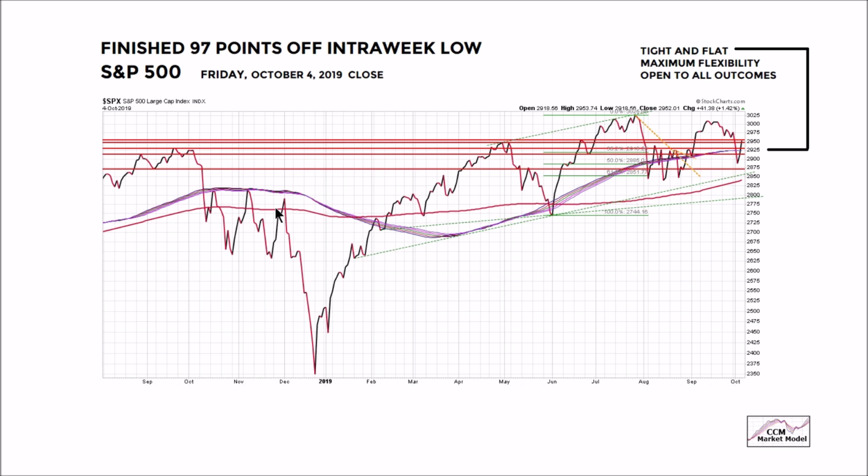This consolidation takes place below the moving average cluster that's rolling over and gets tight and is moving down. Today, we're above a flattish moving average cluster. Flat means indecisive, and until it's resolved, we have to keep an open mind.